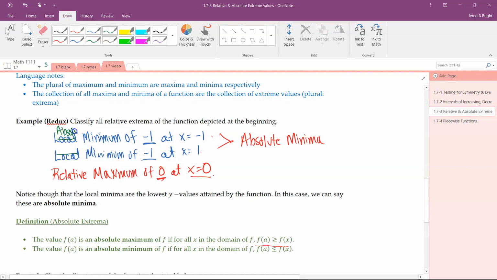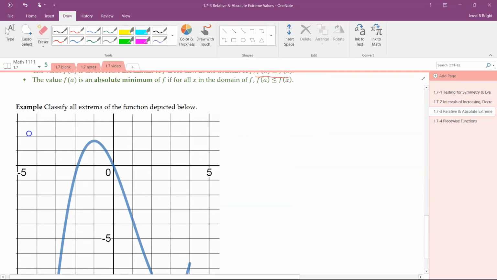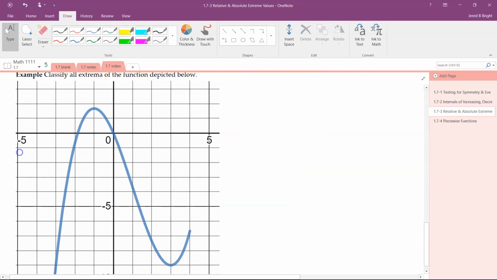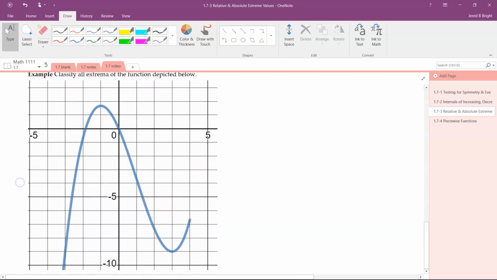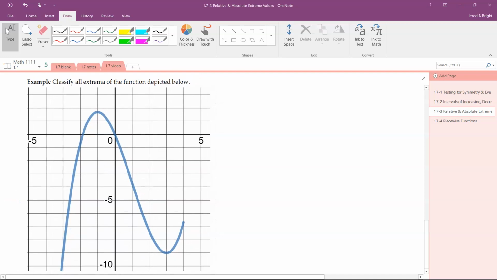If the problem said relative extrema, not absolute, or it didn't just say classify the extrema, and you didn't have this absolute minima language, that would be okay. But to wrap this one up, I want you to pause the video and classify the extrema of the function pictured below. This one doesn't say local, so you should probably do local and absolute. Pause the video and try it out.